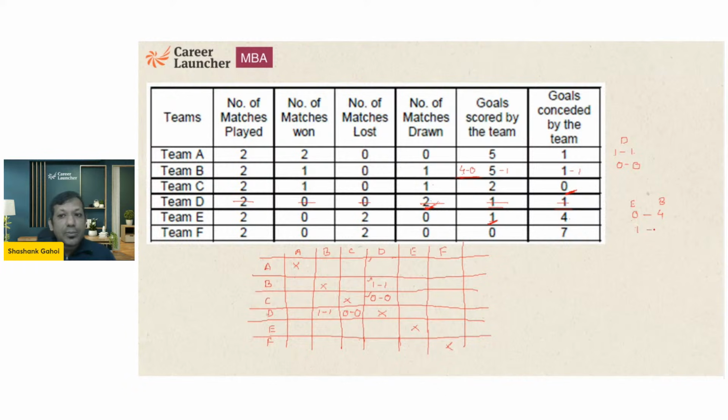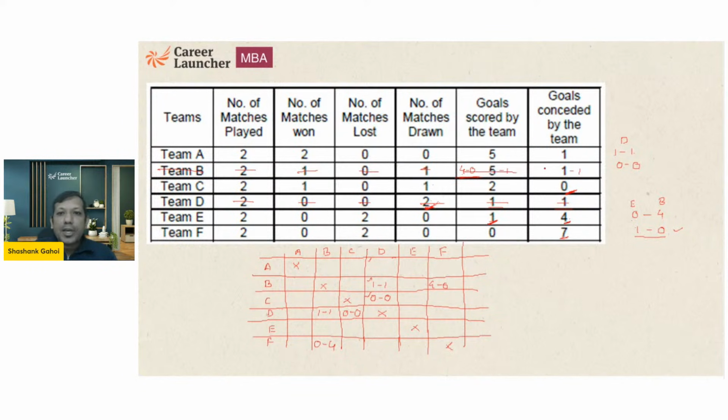So in the next match, E is going to have this score, which means in the second match E has to win. Is it a possible scenario? No. So B must be winning against team F. So B and F is going to be 4-0, and F and B is going to be 0-4. Now I got B sorted as well.